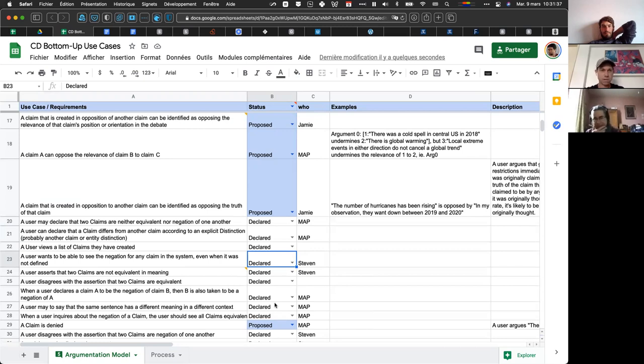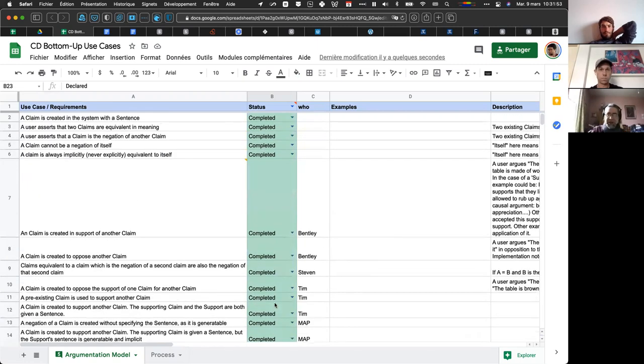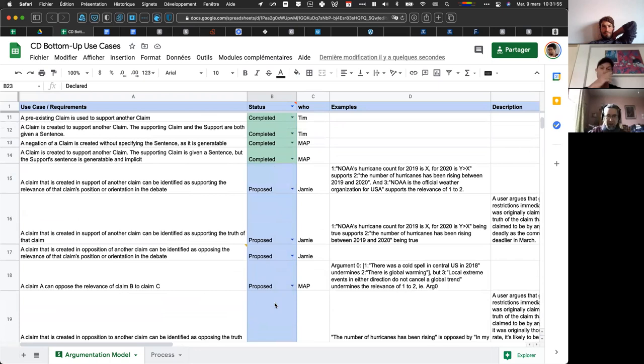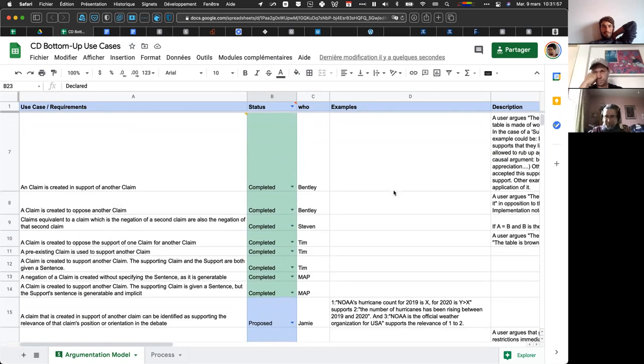The one thing that Stephen was very much insisting we do, and I think I agree with him, is let's try to reformulate this more in use cases, and there we'll realize, and again it's about bounded domains here. We're looking at very basic claims created in support, claims created to oppose.